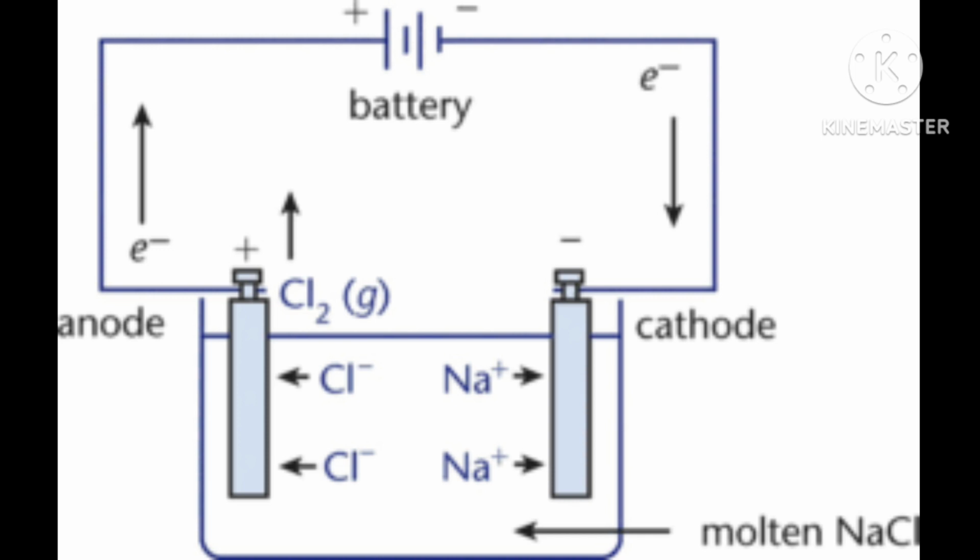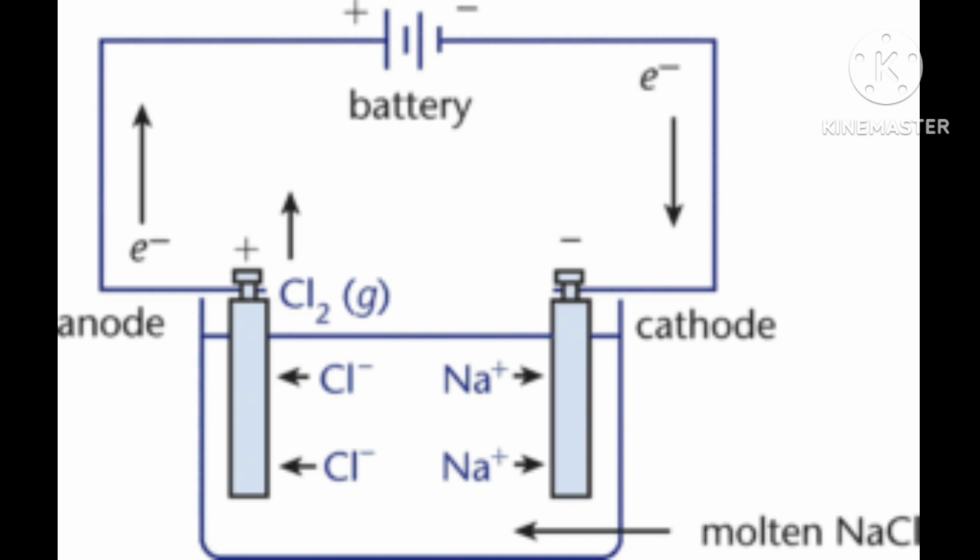Minus 2.71 volt is less than 0. So the higher voltage is preferred at the cathode. Hydrogen is 0 and sodium is minus 2.71 volt. That's why hydrogen gas is formed at the cathode. Now you understood why sodium is not depositing there.